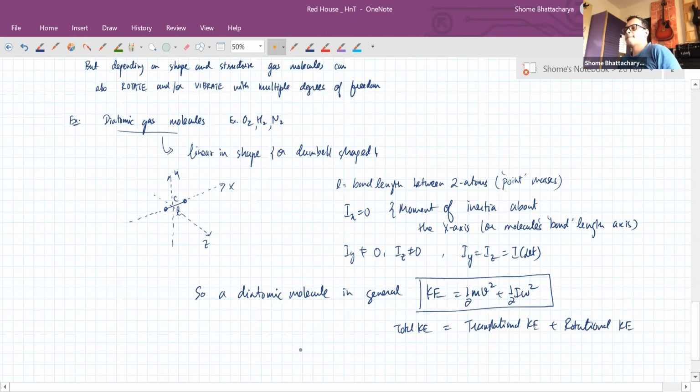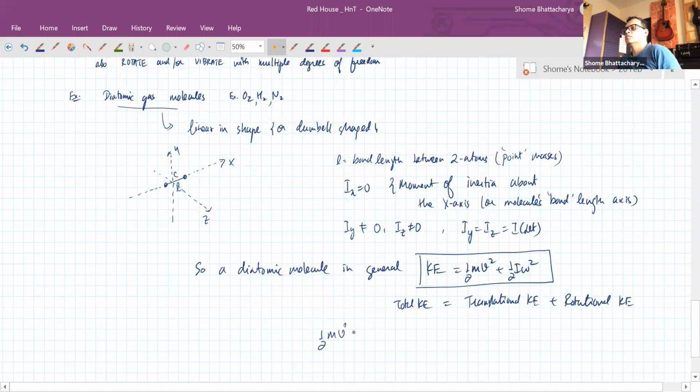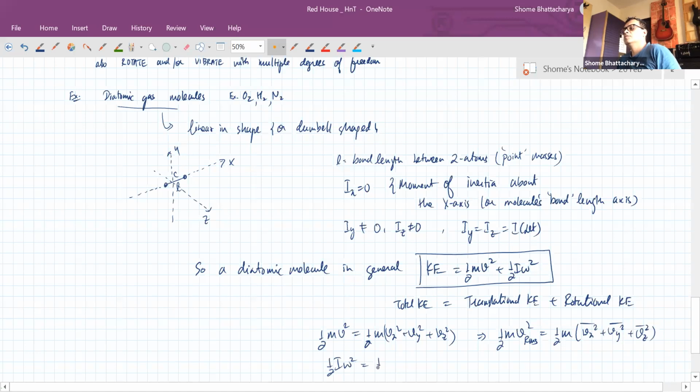Now we can see here that half m V RMS square is this quantity, but half I omega square has no contribution about the x-axis, because moment of inertia about the x-axis is 0.